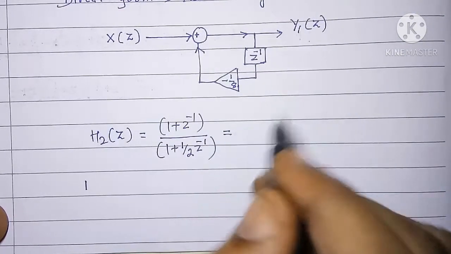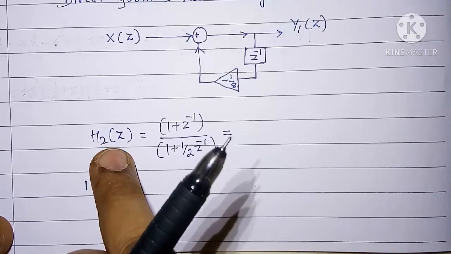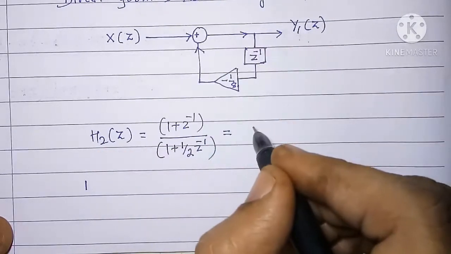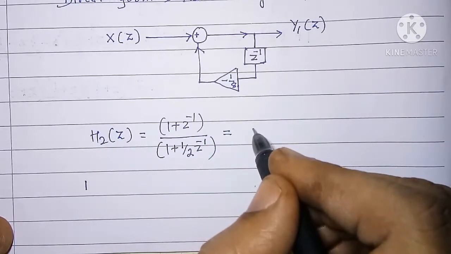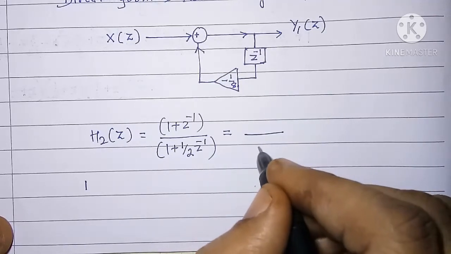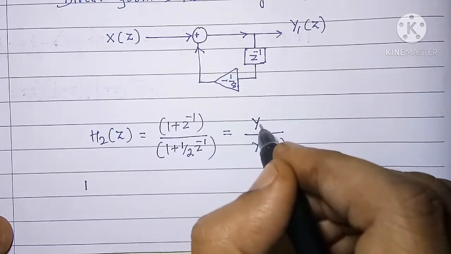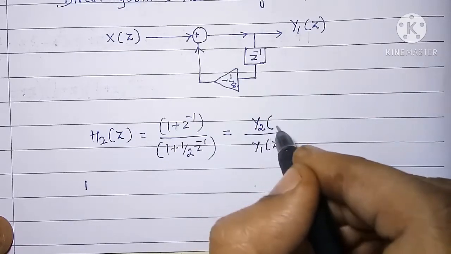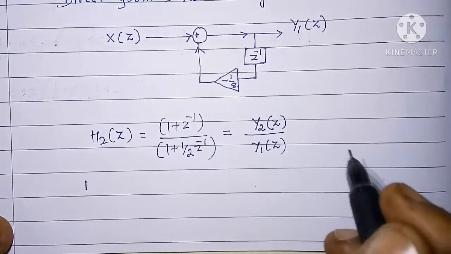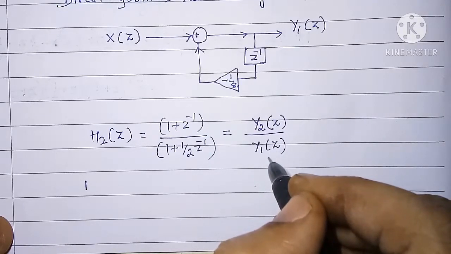To the second system in cascaded form, that is H2 of Z, input is the output of the first system, that is Y1 of Z, and the output of the second system is Y2 of Z, which will be input to the third system. So here we have to write H2 of Z as Y2 of Z by Y1 of Z.